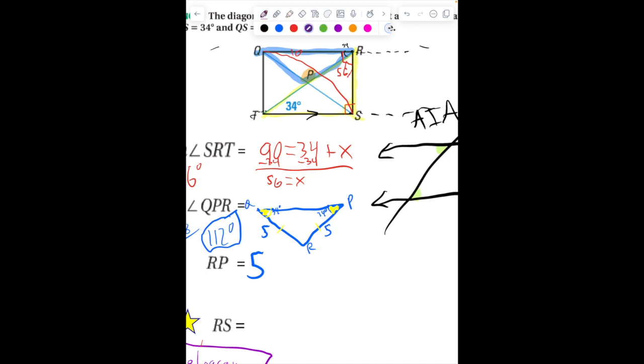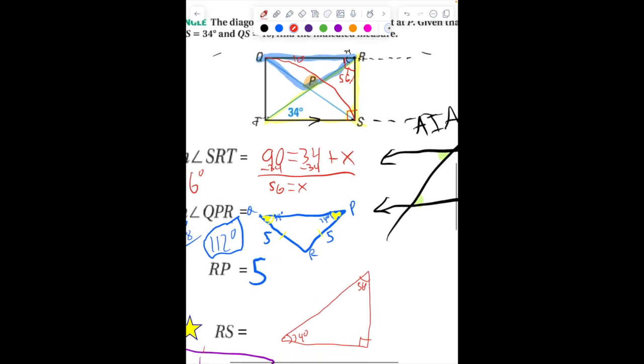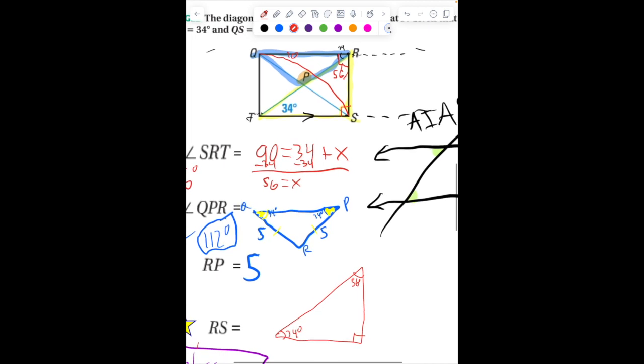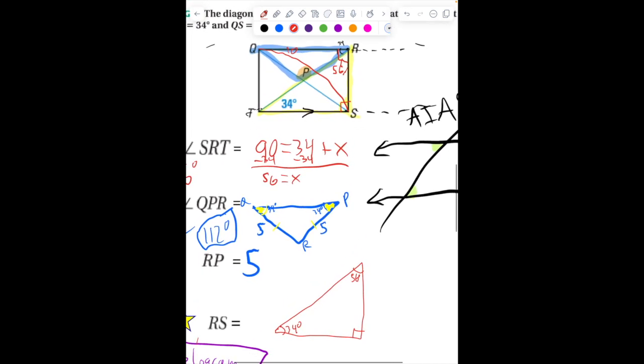Here's my triangle, half of my rectangle. I've got a right angle here, 56 here, 34 here, and QS is 10, but diagonals are congruent. So if QS is 10, then TR is also 10.